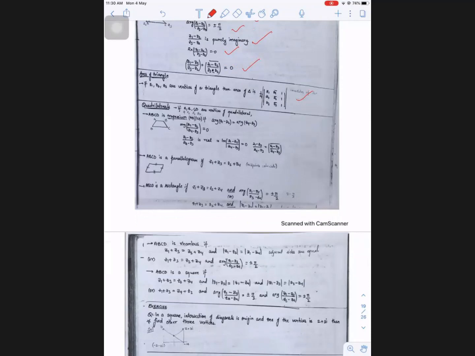Similarly for quadrilaterals: if it is a trapezium, two sides are parallel. Taking Z1, Z2, Z3, Z4, AB parallel to CD is the same as argument of (Z1 − Z2) equal to argument of (Z4 − Z3), or (Z1 − Z2)/(Z4 − Z3) is real, or its imaginary part is 0, or Z = Z̄. So we can write the parallel condition in many ways.